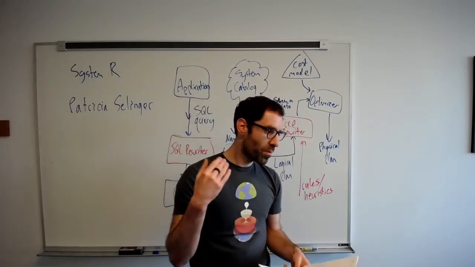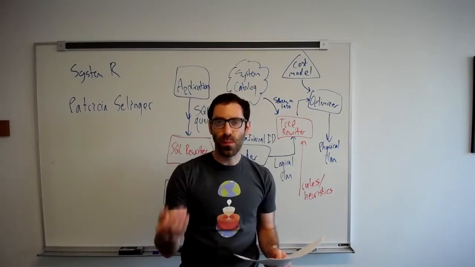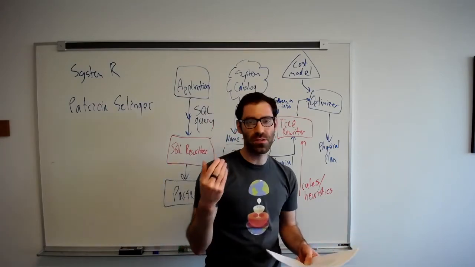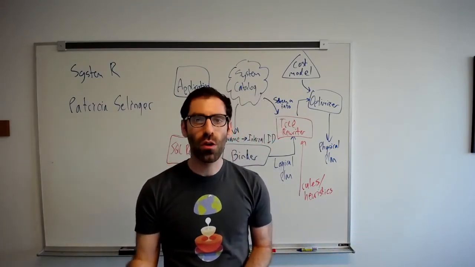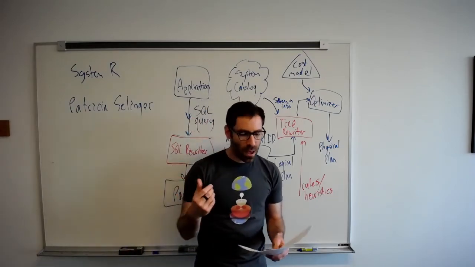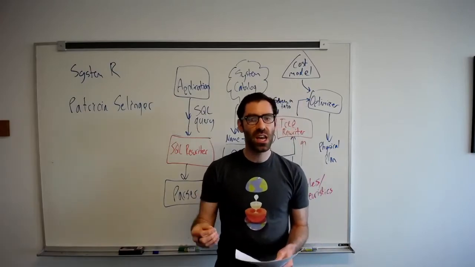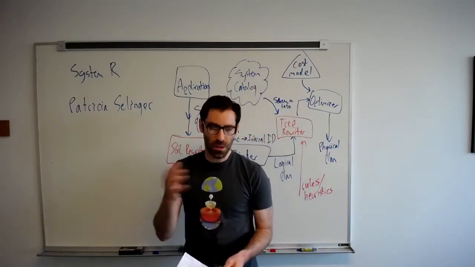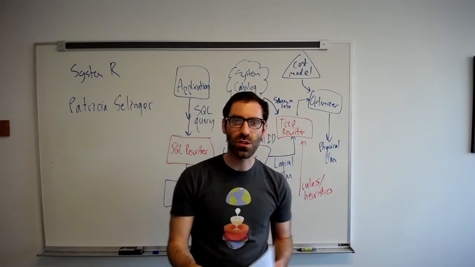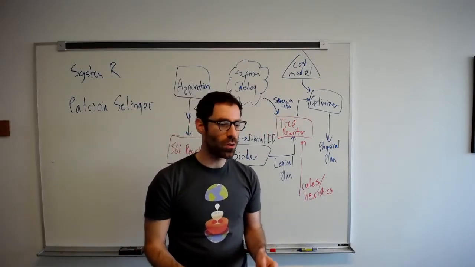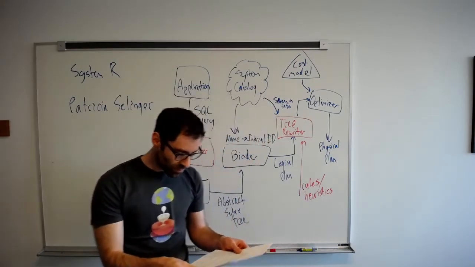And for this reason, the expensive commercial database systems like Microsoft SQL Server, Oracle, DB2 from IBM, these are the ones that tend to have the best and most sophisticated query optimizers as compared to the free open source ones like Postgres or MySQL.